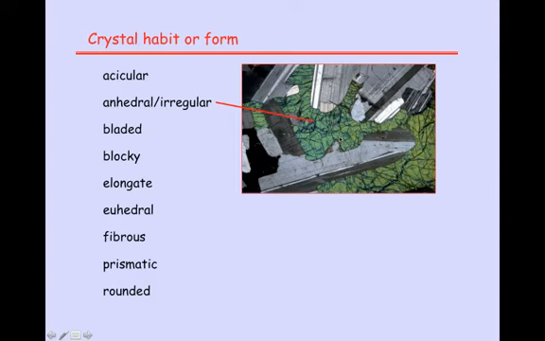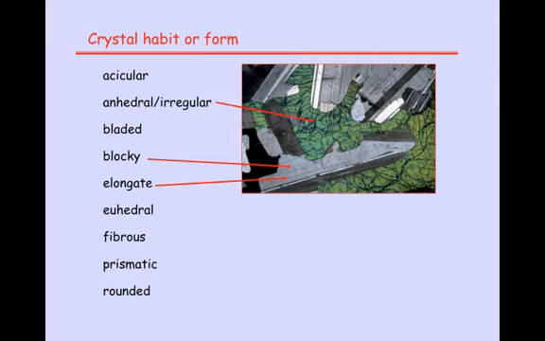In this thin section, you would probably describe the green interference color mineral as irregular or anhedral. And the plagioclase in the gray colors, it could be blocky, maybe elongate is more appropriate.